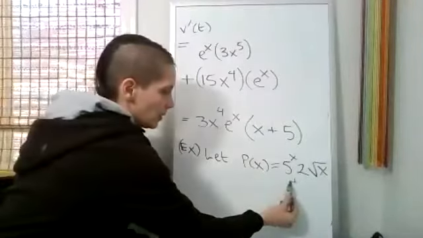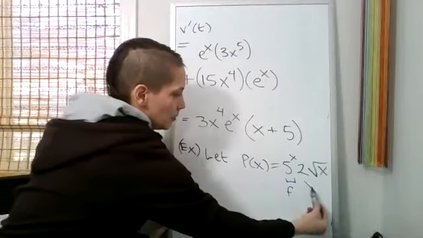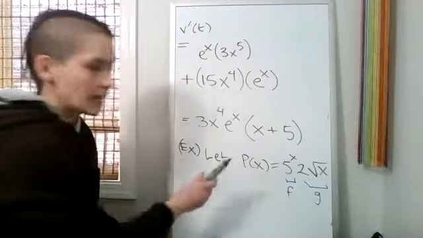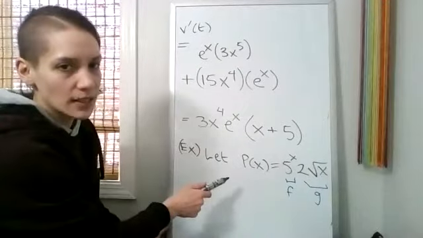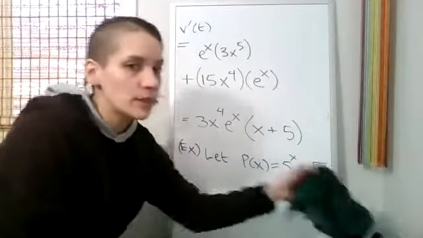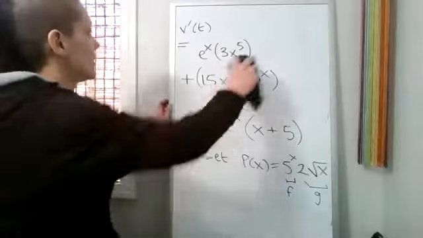So this part we'll call f, this will be g, and find p prime of x, or the derivative with respect to x.